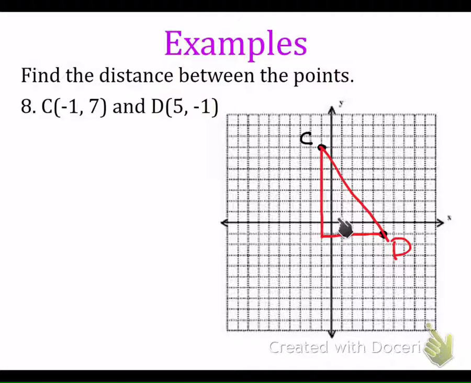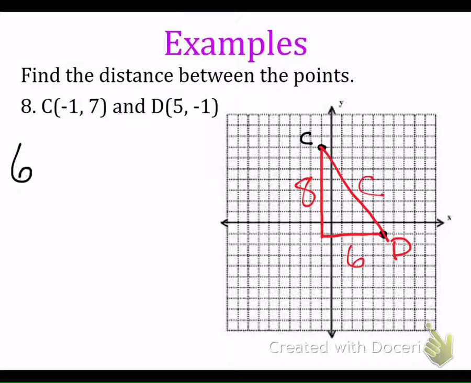So let's figure out how long these sides are. We have 1, 2, 3, 4, 5, 6, 7, 8. So one of the legs is going to be 8 units long. The other one is 1, 2, 3, 4, 5, 6 units long. And I am looking for the hypotenuse. I'll call it C this time.